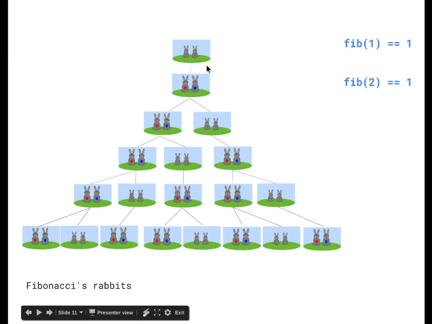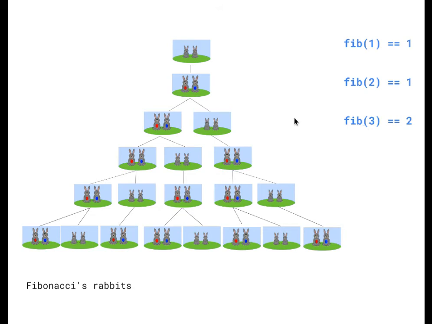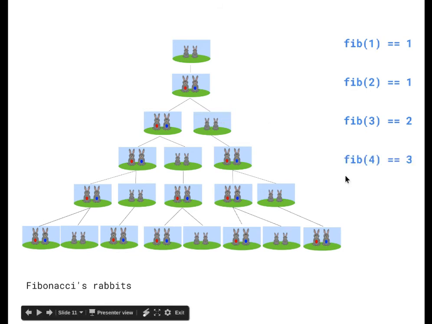One that is trying to reproduce again, and one that is just a new pair of bunnies, so they can't reproduce just yet. At time step 4, this really hard-working pair is still trying to reproduce, and they've already made a new pair of bunnies. And this new pair, from time step 3, can now try to reproduce. We keep on repeating this process. At time step 5, I have 5 pairs. At time step 6, I have 8.